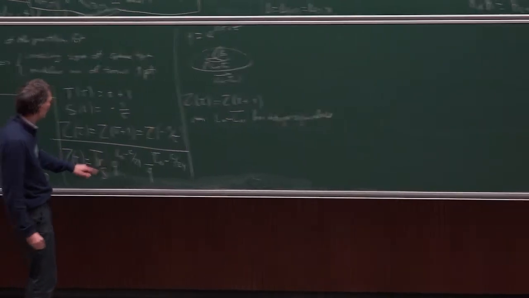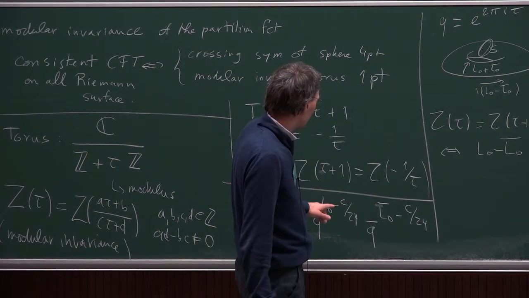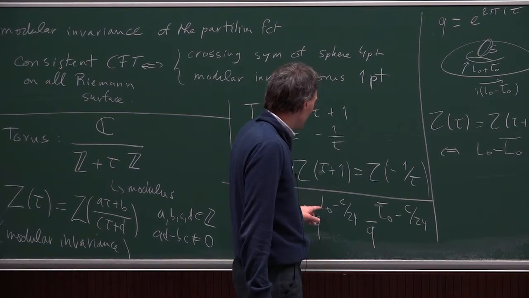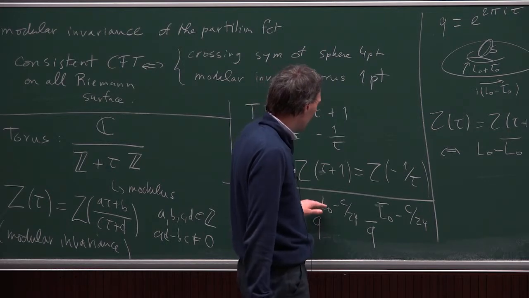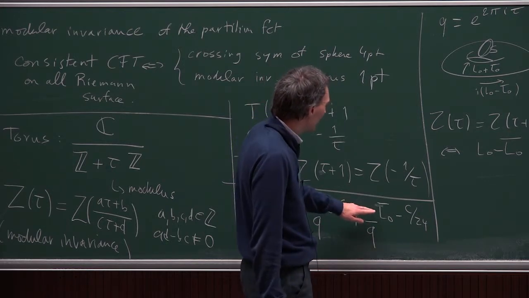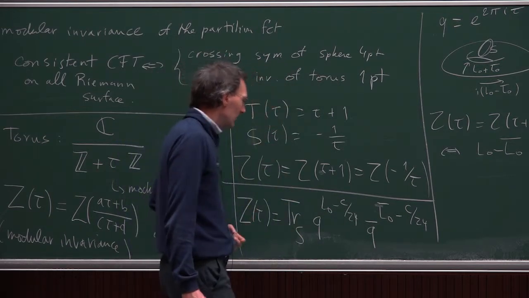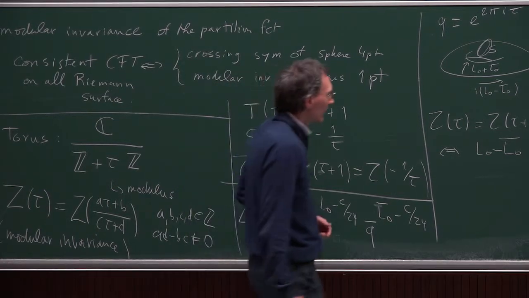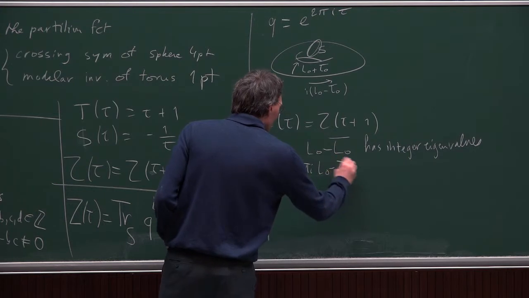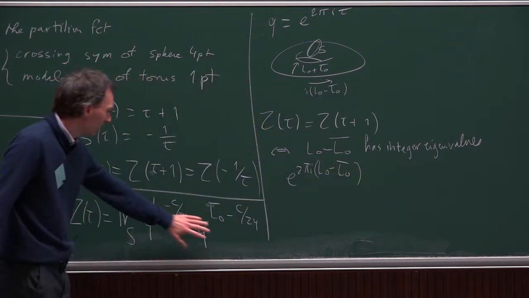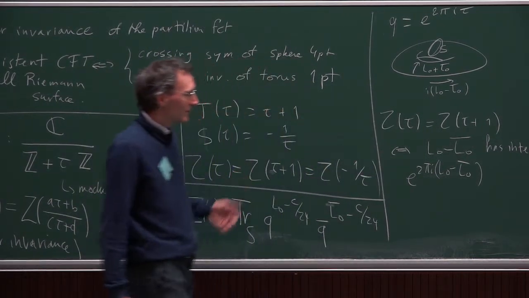Because if you have q equals exponential 2 pi i tau, well, that's written here. If you do tau goes to tau plus 1, you get a factor exponential 2 pi i (L0 minus L0 bar) in this product here. So this factor has to be 1, so L0 minus L0 bar has to be integer.